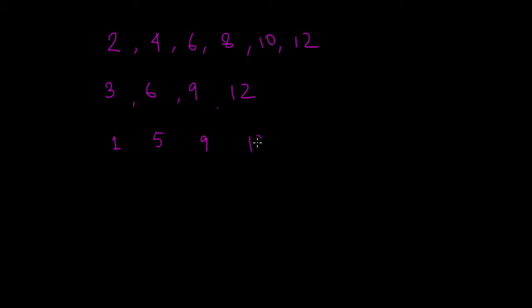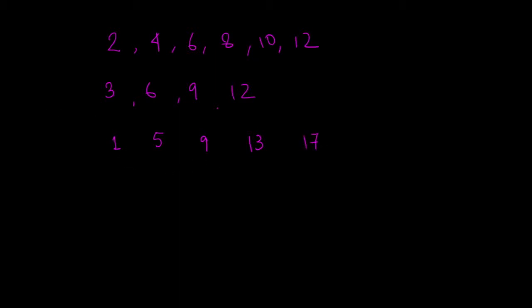Okay, so an arithmetic progression would look something like 2, 4, 6, 8, 10, 12, or something like 3, 6, 9, 12, or it could look something like 1, 5, 9, and 13, and you add on, and you get 17.